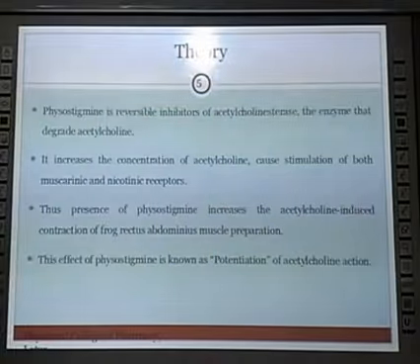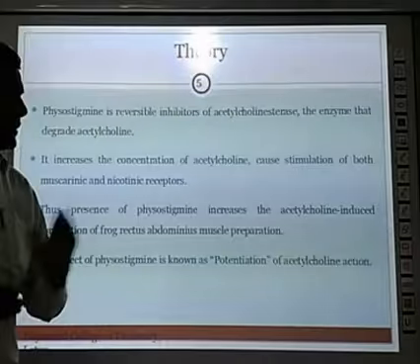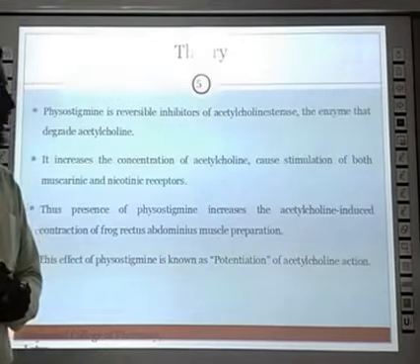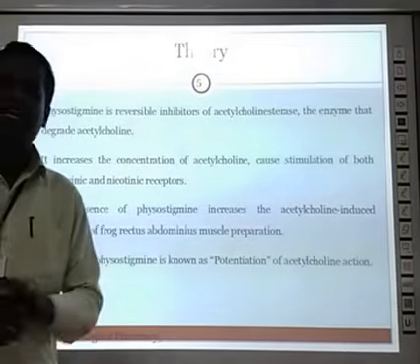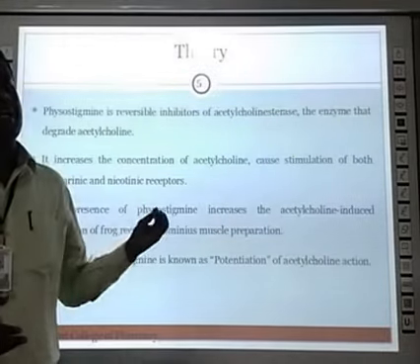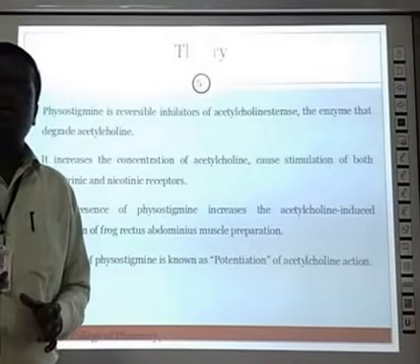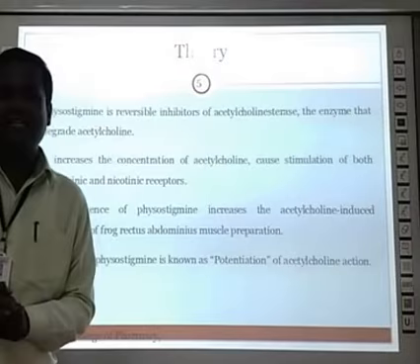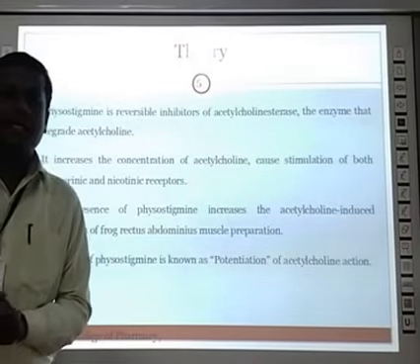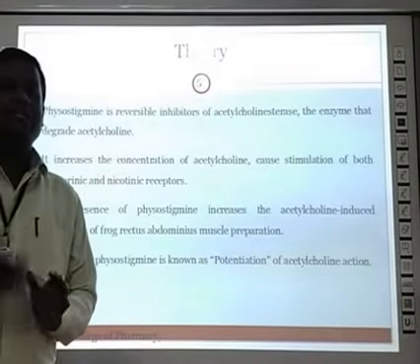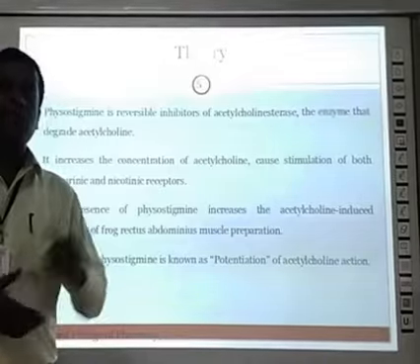So it increases the concentration of acetylcholine, which causes stimulation of both muscarinic and nicotinic receptors. That means the available acetylcholine which binds with muscarinic and nicotinic receptors shows increased action due to physostigmine.